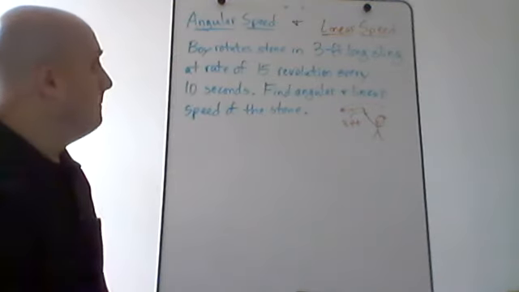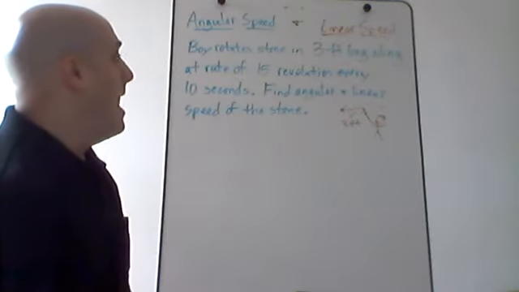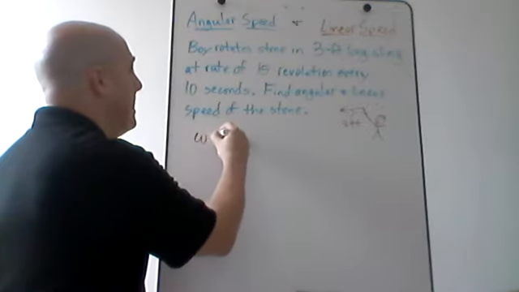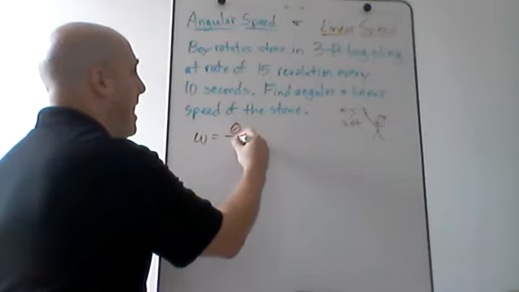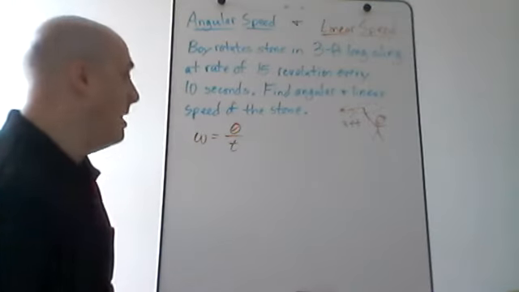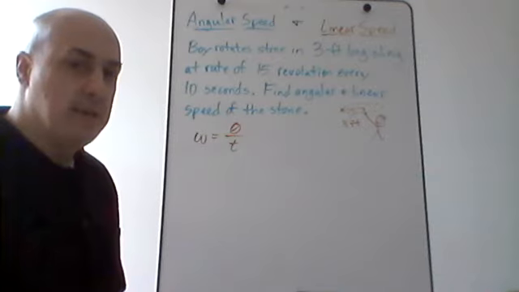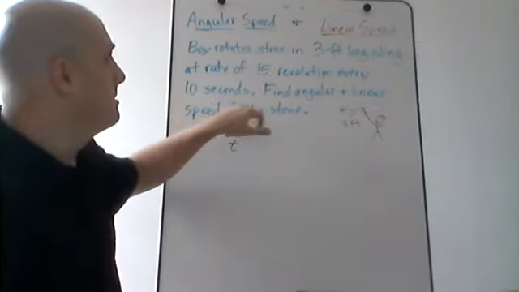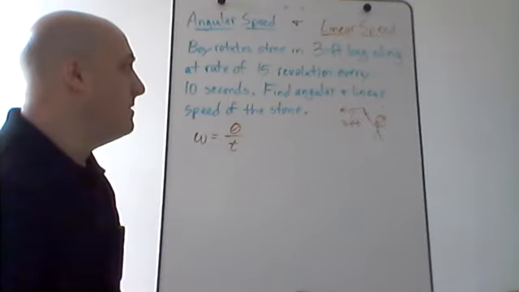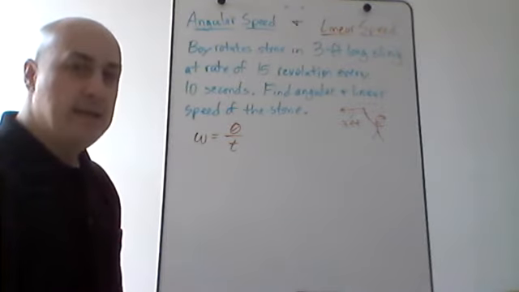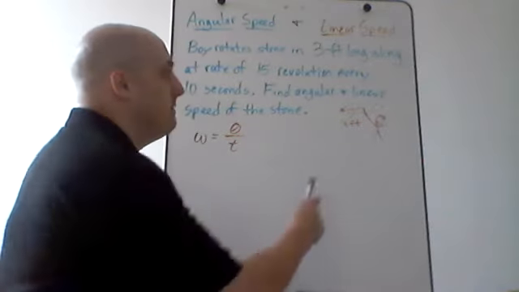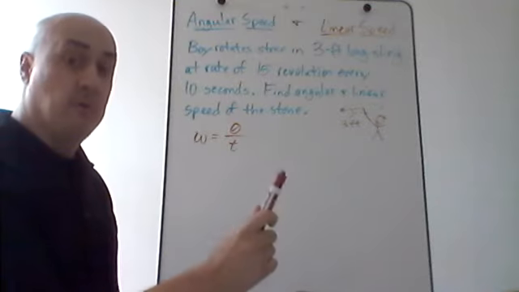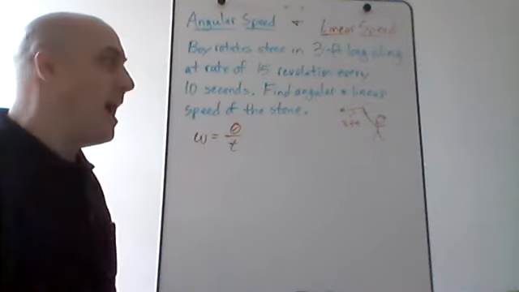So I know my radius is 3, and let's start with the angular speed. My angular speed, omega, equals the angle traveled, theta, divided by time. They don't give me the angle. They tell me it does 15 revolutions every 10 seconds. So if I do 15 revolutions, how many radians is that? A revolution means 1 full trip around the circle, and that's 2 pi radians.